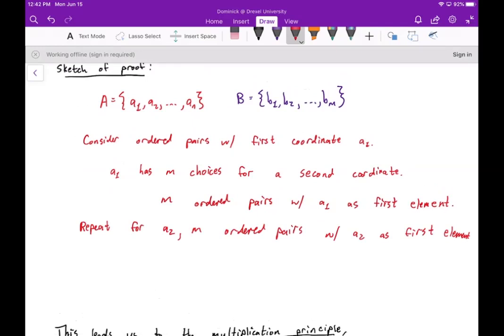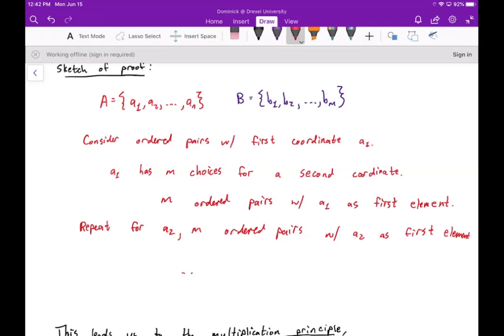Now, if you repeat this for all n elements, you're going to have m times m times m times m, where you have n of these things. Or I shouldn't say that. No. Not times. It's plus, right?